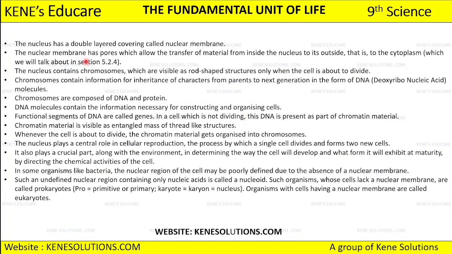So the nuclear membrane has pores which allow the transfer of material from inside the nucleus. Okay, it should be present from inside the nucleus to its outside. So whatever material inside the nucleus has to move outside moves through these nuclear pores which are present. Okay, that is, if any material has to be transferred from the nucleus into the cytoplasm, that occurs with the help of this nuclear pore.